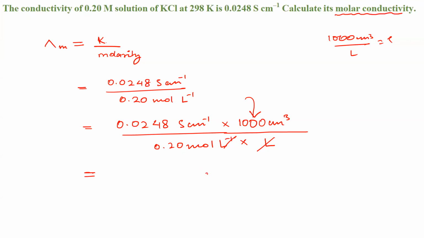Siemens per centimeter per mole. Now this will be molar conductivity. You'll get Siemens centimeter square per mole. This is the molar conductivity unit.